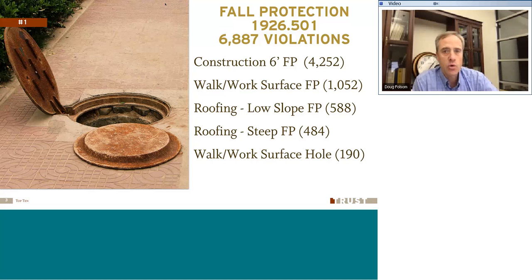And of course that covers quite a few different things as far as having railings, having barriers around the openings, making sure you've got warning lines, making sure that you've got appropriate fall protection systems, fall arrest systems.